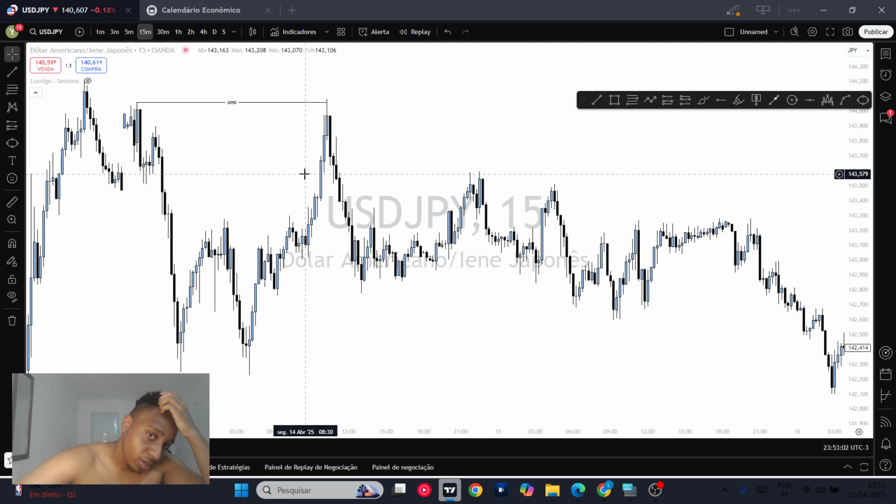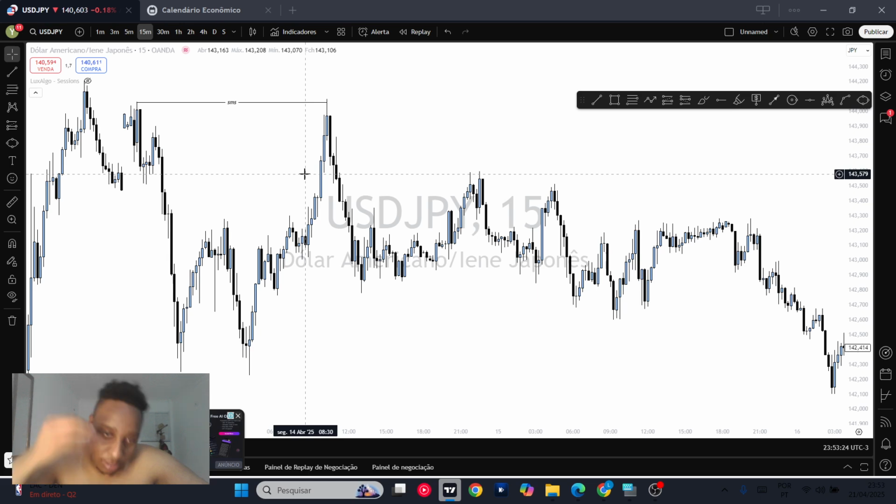But turtle soup, what it is, nothing. It's just a false break of structure, like for example, when trend trading fails, basically we trade the other way around. So this is a shift in market structure. For example, we were going to the downtrend right here.